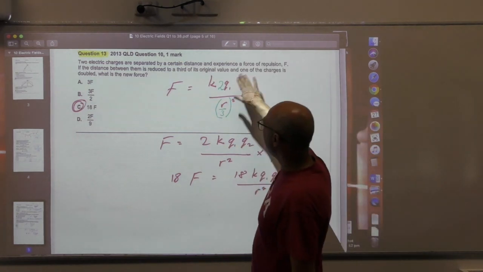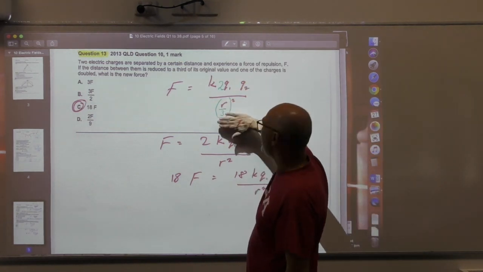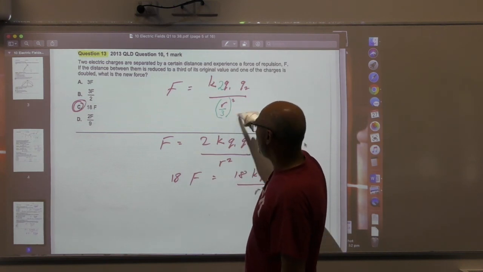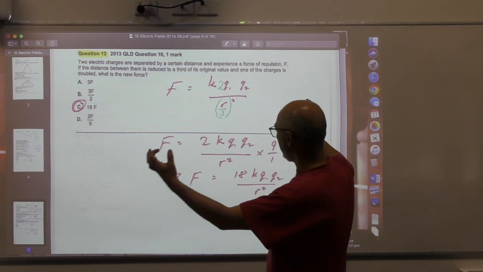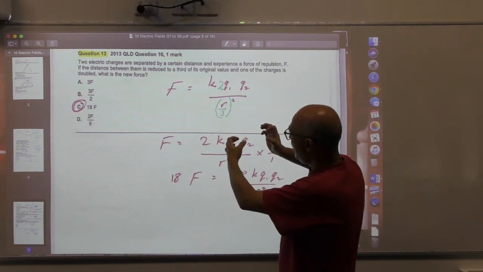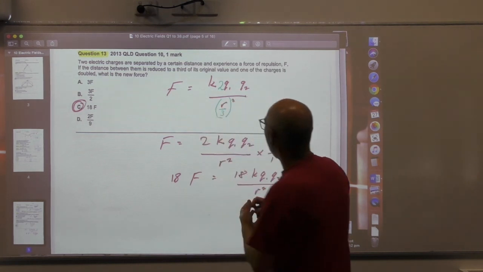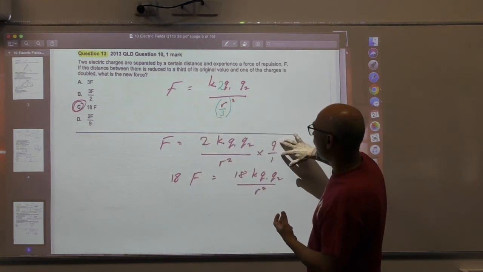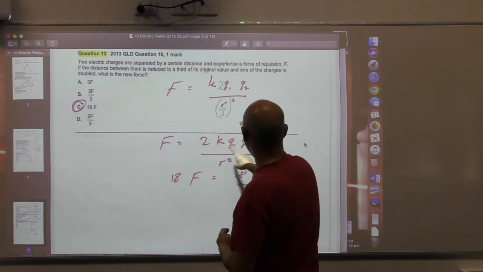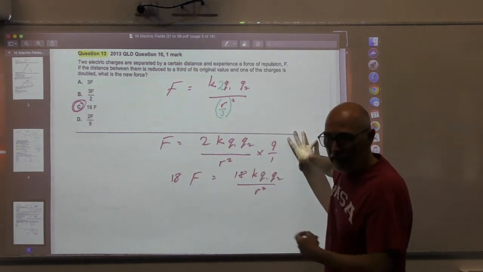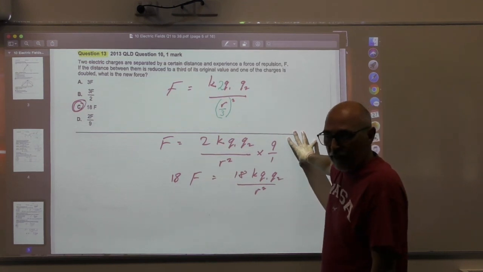and see what that effect is. The difference here though, when the separation changes, it's an inverse squared law, so bringing them closer to a third should multiply the force by 9 on its own, okay? Which is what you see here. Doubling the charge gives us 2 times 9, when you're manipulating your fractions appropriately.